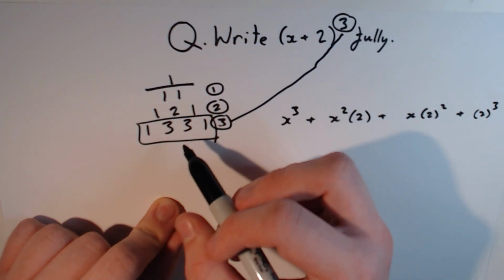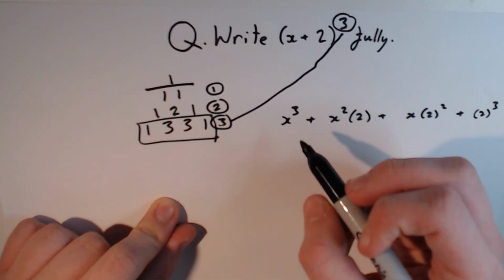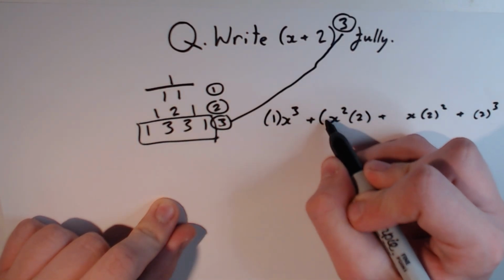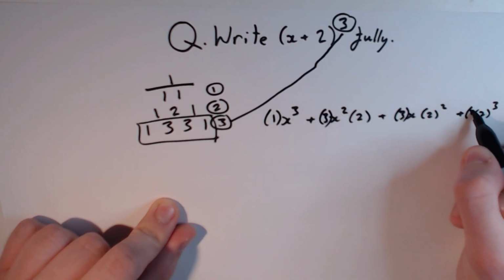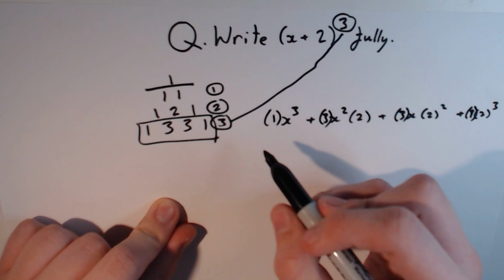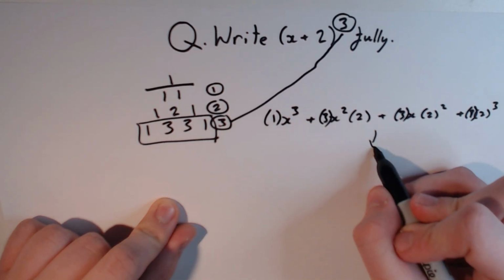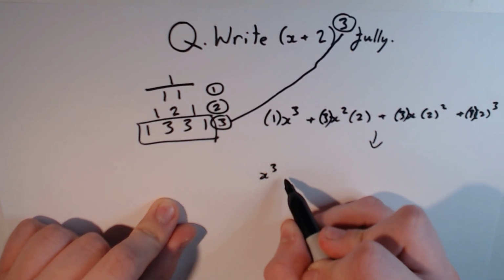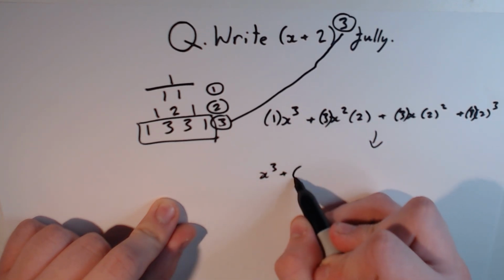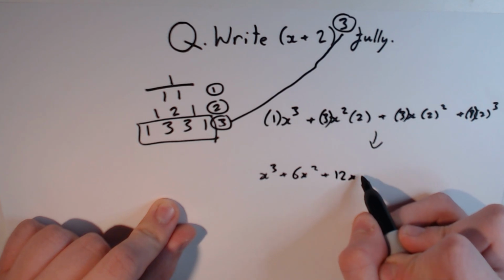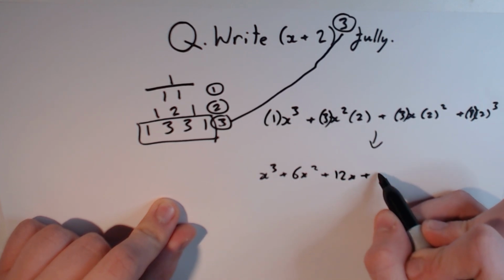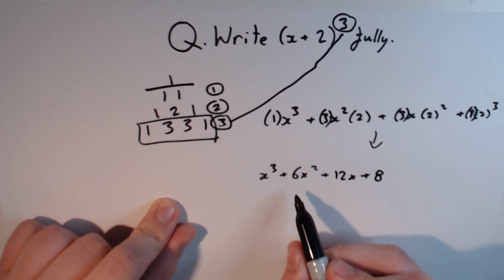Then you need to stick these numbers in front. So we've got 1 times, 3 times, 3 times, 1 times, and then you're going to multiply it all together to get x cubed plus 6x squared plus 12x plus 8. And that's your answer.